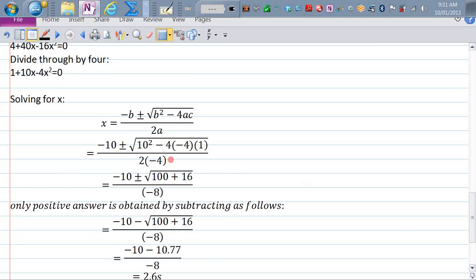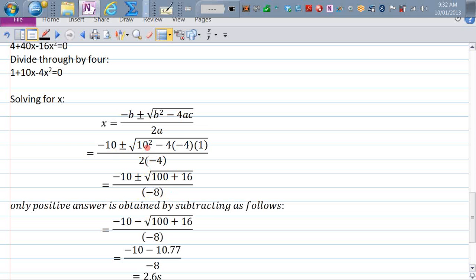And here you see minus b is minus 10, plus or minus the square root of b squared, which is 10 squared, minus 4ac. a is the coefficient of x squared, which is minus 4, and c is 1, over 2 times a, which is minus 4.